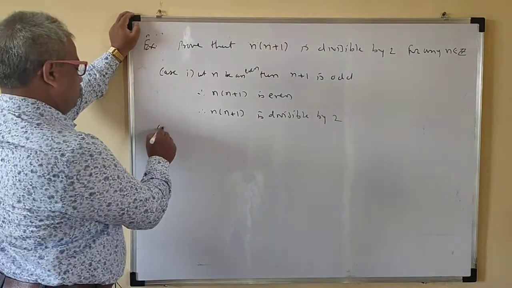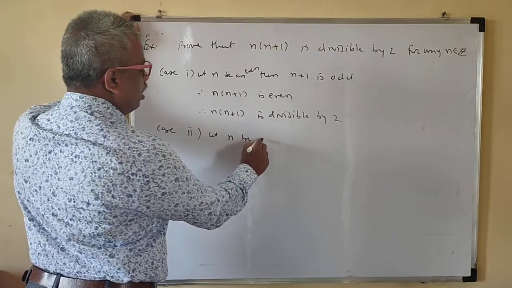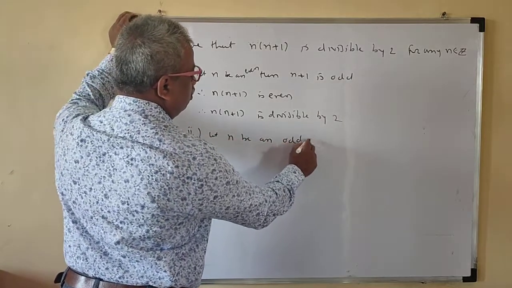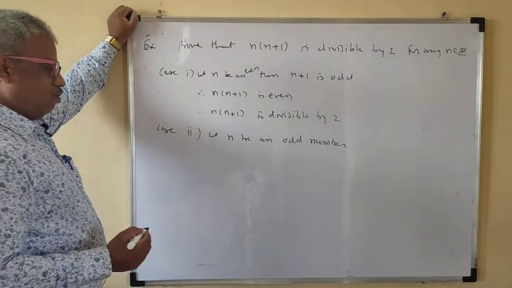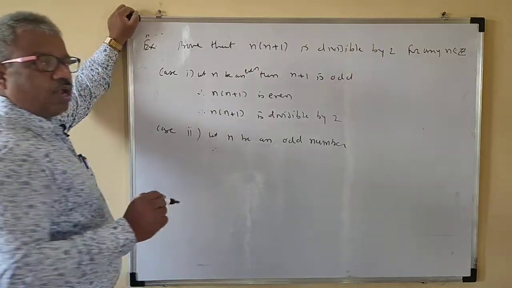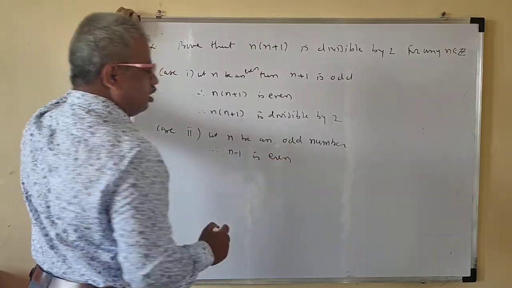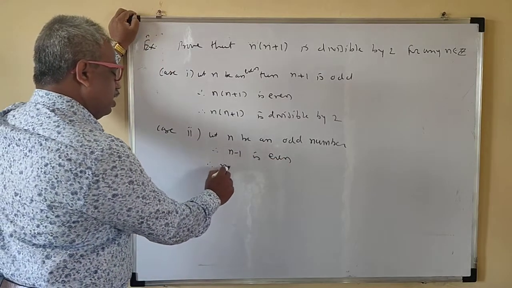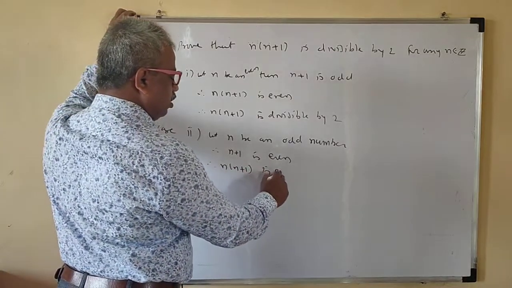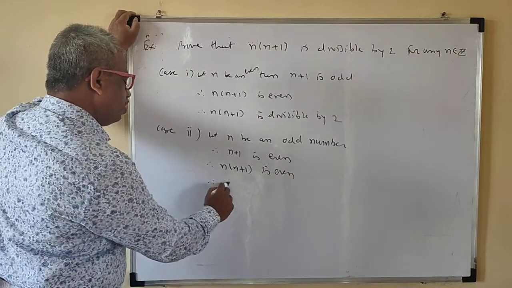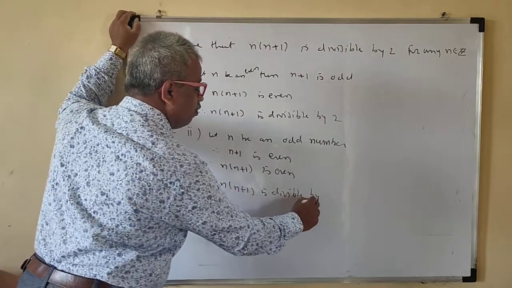Case 2: let n be an odd number. Therefore, if n is odd, then n plus 1 is even. Therefore n into n plus 1 is even, therefore n into n plus 1 is divisible by 2.